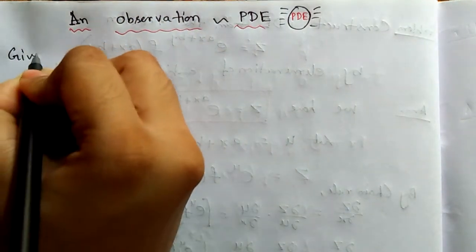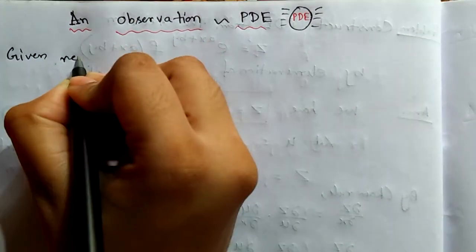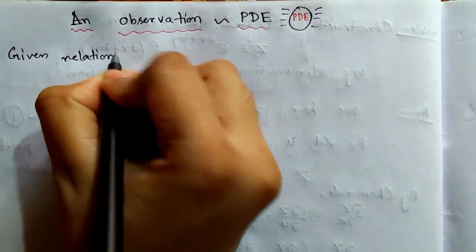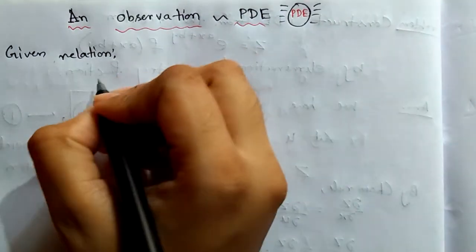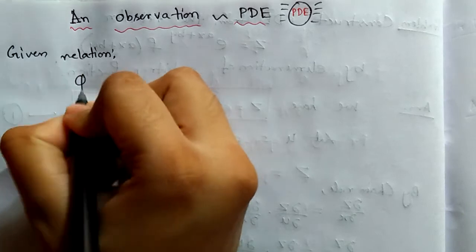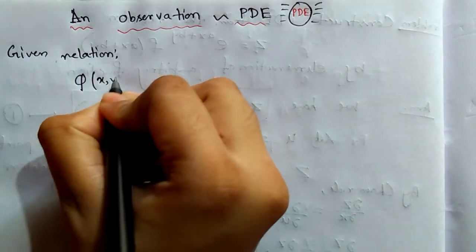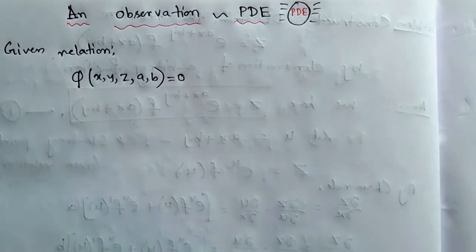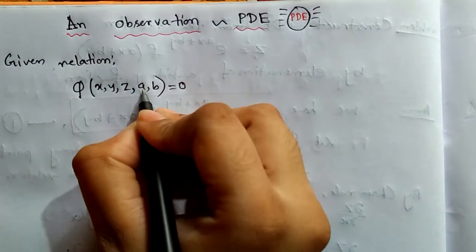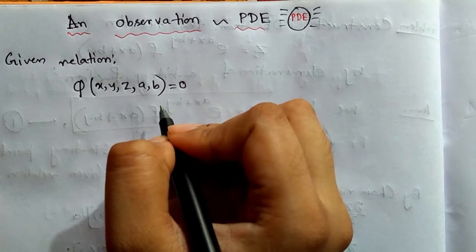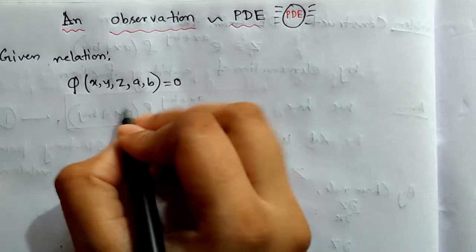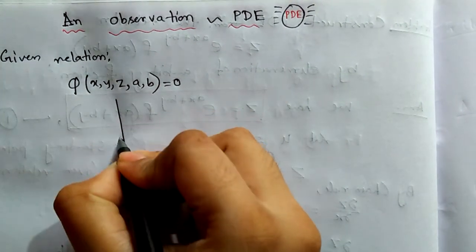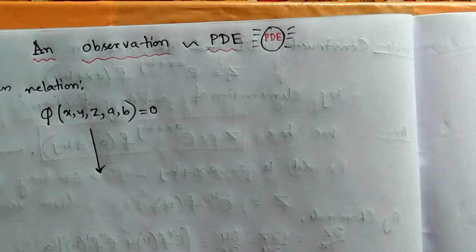So, suppose our given relation is like this: phi of x, y, z, a, b equal to 0, where a and b are arbitrary constants.